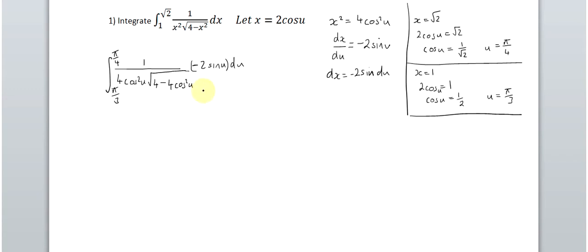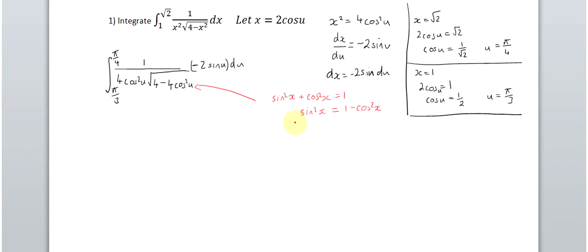Well, I think the clue here is under here. What we've got here is something which is a rearrangement of one of the trig identities. So if we start with sine squared x plus cos squared x equals 1, then you can see that sine squared x equals 1 minus cos squared x, which of course is what we've got here.